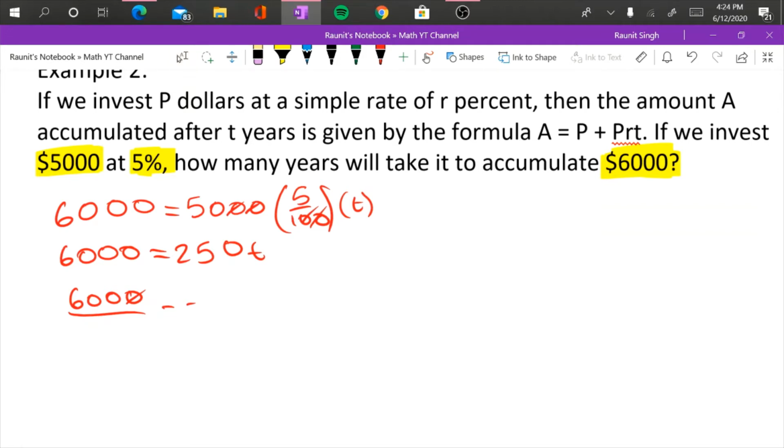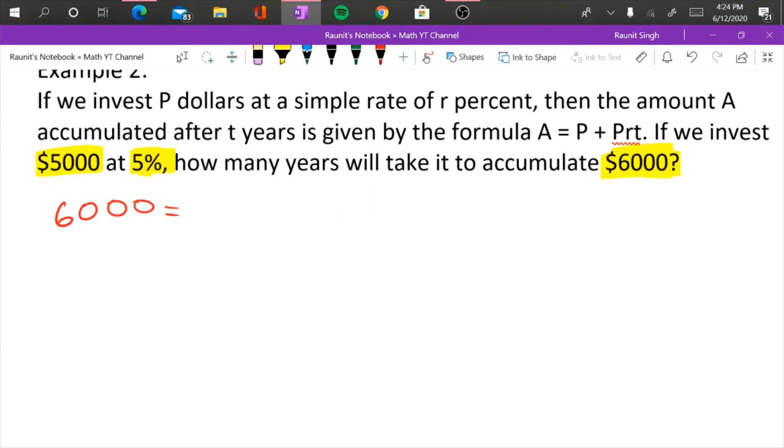Oh, yeah, that's what I did wrong. Okay, so I forgot to do the 5,000 plus. So we're gonna do $5,000 plus 5,000 times 5 over 100 times T. Cancel out those zeros.